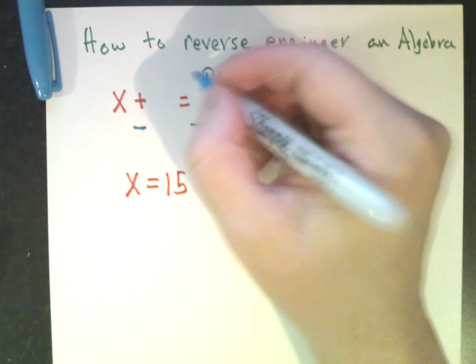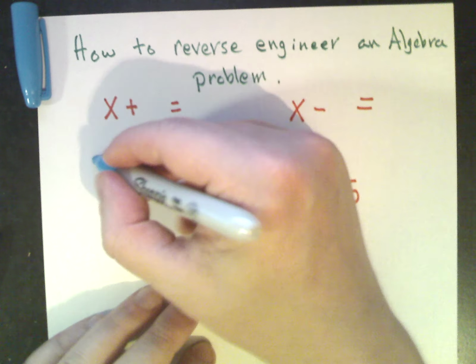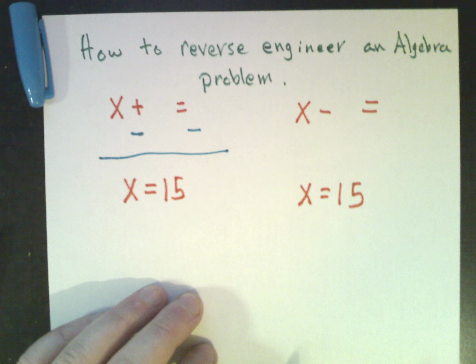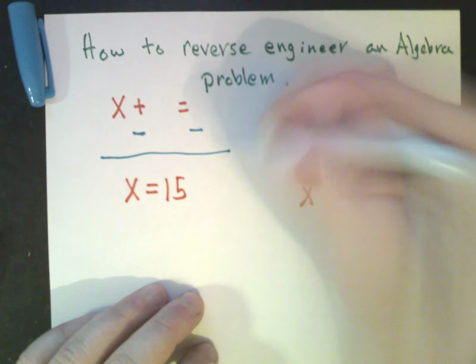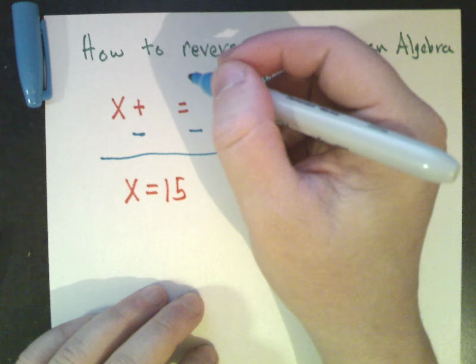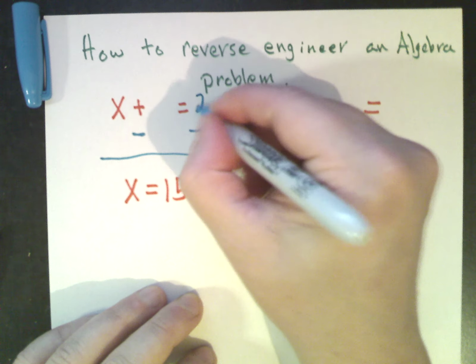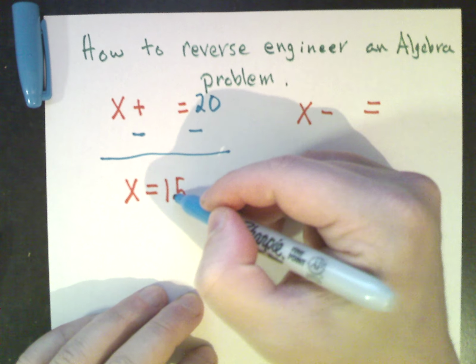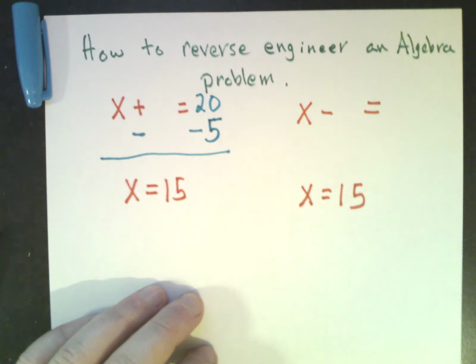So, well, I want this to subtract to 15, okay? And this one should go to 0. So I'm going to say, all right, let's pick a number. I'm going to pick the number 20. 20 minus what gives me 15? Well, 5. 20 minus 5 gives me 15.